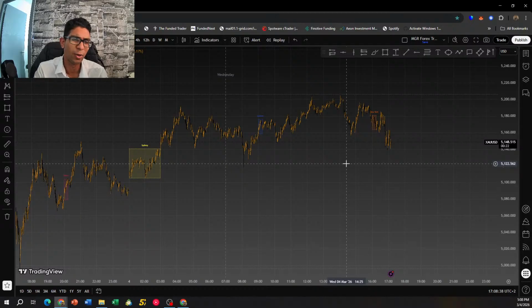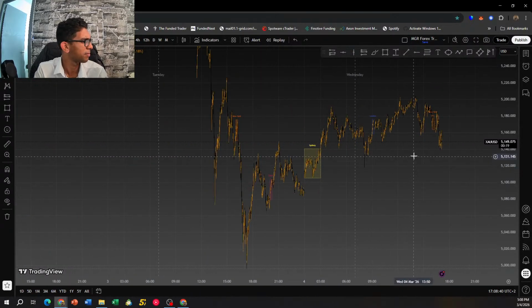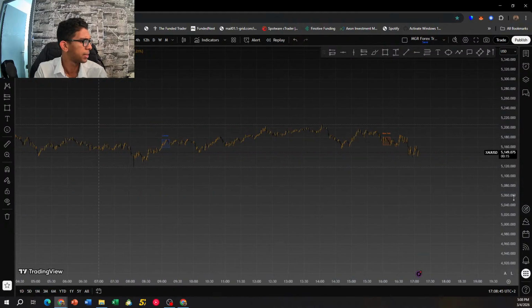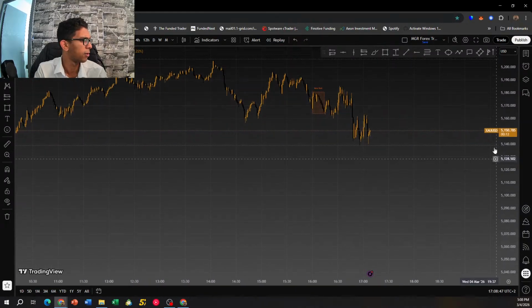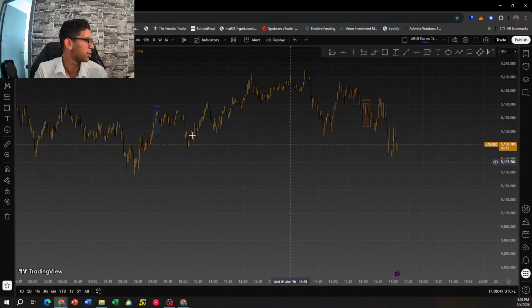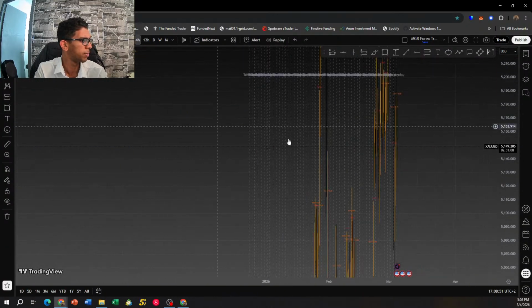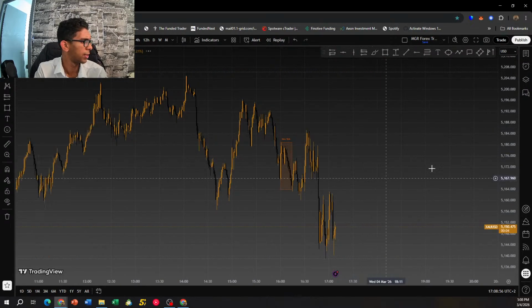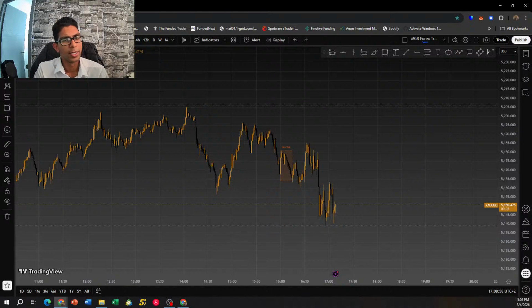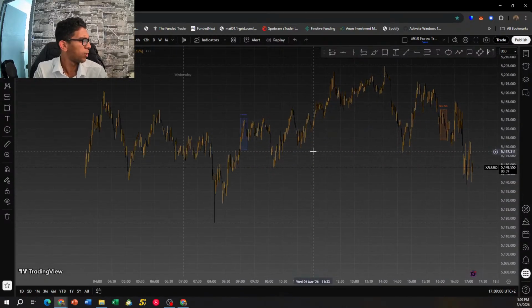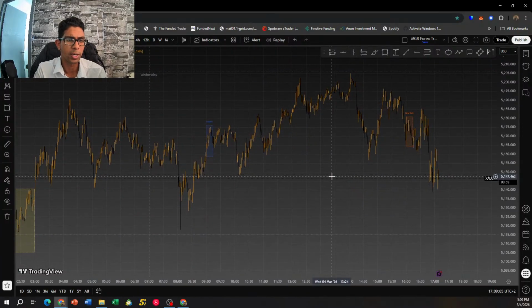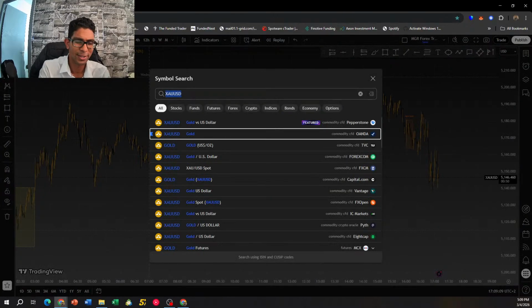So it's not exactly the worst downturn or devaluation, but it certainly is something to be mindful of. Aside from that, it still is respecting market structure if we have a look at it. We could confidently say that we certainly are respecting structure.